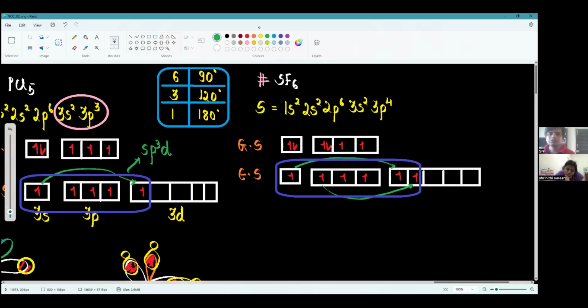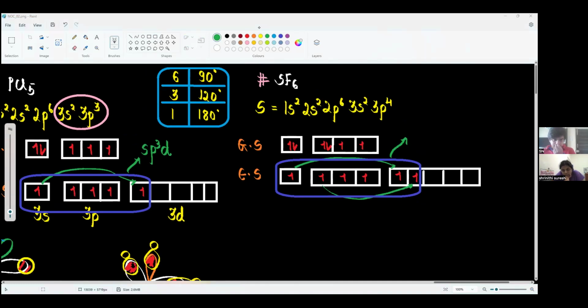So what will be the hybridization? Count how many s orbitals, how many p orbitals, how many d orbitals there are. sp3d2.